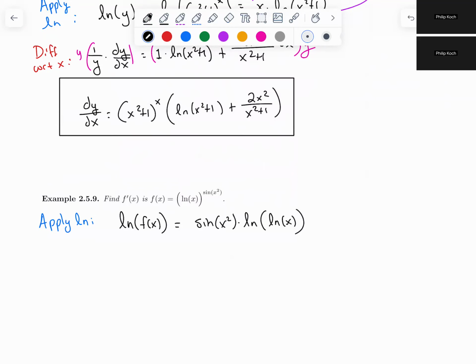Which is what looks weird. Let's make sure we understand why. Because it's going to be natural log of x raised to the sine of x squared. So the sine of x squared goes out front because it's an exponent. And that's why we've got natural log of x, which looks weird.